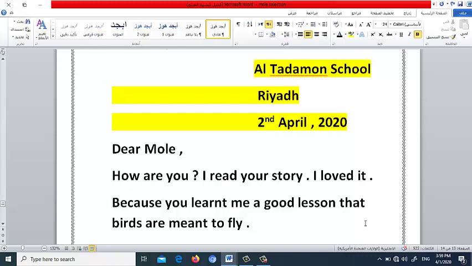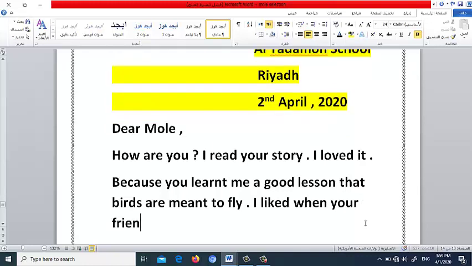Here, down, I like when your friends helped you. When your friends helped you to find what? To find food. At the beginning of this story, his friends helped him to find food for the baby bird.